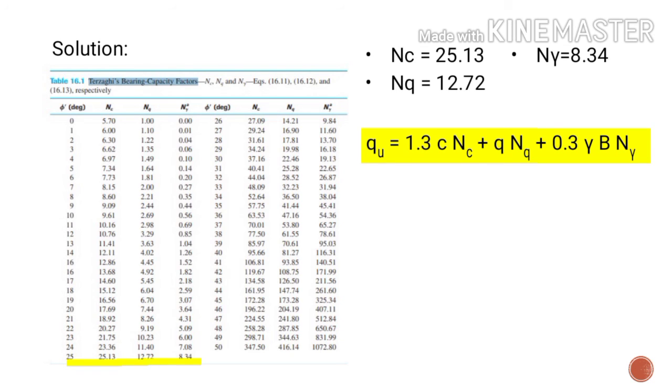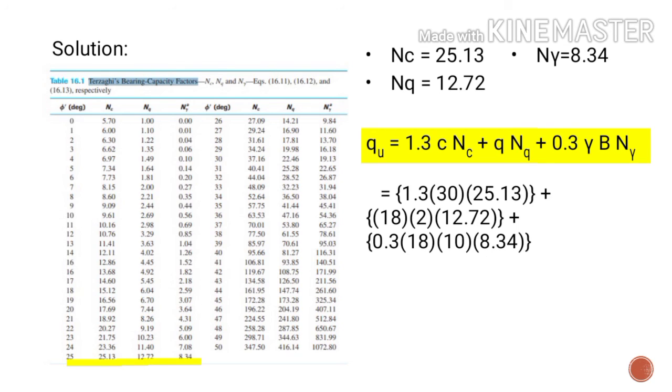Since this problem is a circular footing, we use the circular footing formula in Terzaghi's bearing capacity: Q sub U equals 1.3 times the cohesion times N sub C, plus Q, the product of unit weight of the soil times the depth of the footing, times N sub Q, plus 0.3 times unit weight of the soil times the base of the footing times N sub gamma.